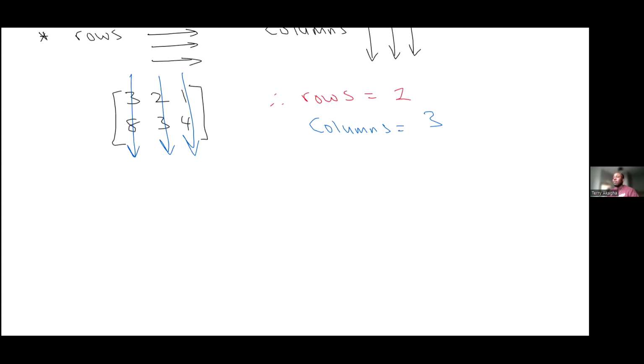So let's assume we have 3, 4, and 7 as a particular matrix. Now let us check how many rows do we have, okay? The rows we have 1, we have 2, and we have 3. So that means the number of rows here is 3. Now the next part is how many columns do we have?